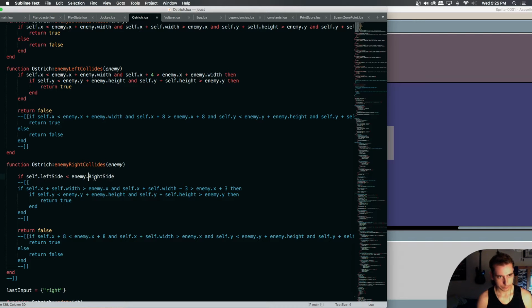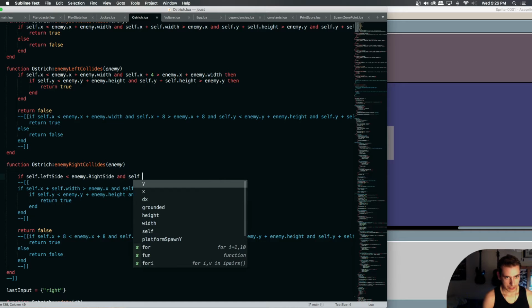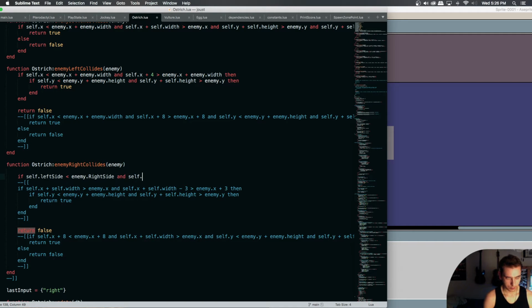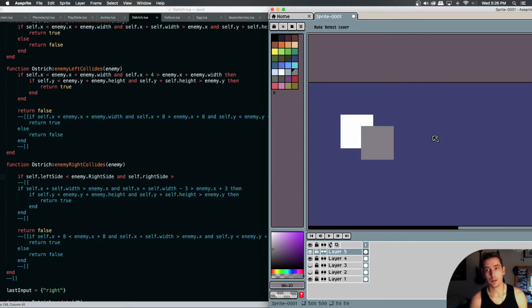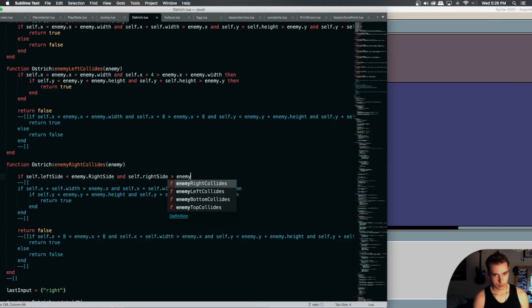Okay. Our left side would have to be smaller than the enemy's right side, and our right side would have to be greater than the left side of our enemy. And that's as simple as it is, at least for the X-axis collision.